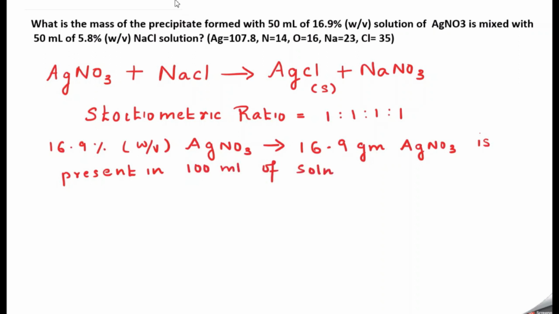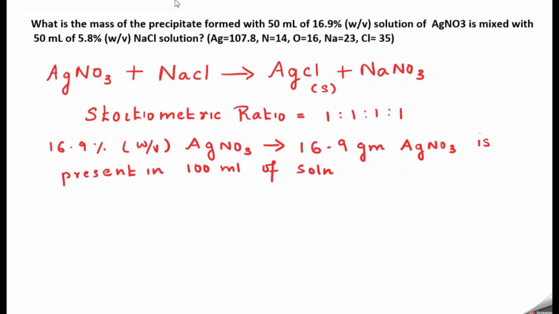Okay, so since it is W by V, but they also mentioned that it is not just 16.9 percentage. They are telling they have taken a solution that is only 50 ml. Why? Because they are telling formed with 50 ml of. So that means we know 16.9 gram of AgNO3 is present in 100 ml of solution. Now we need to find out in 50 ml how much.